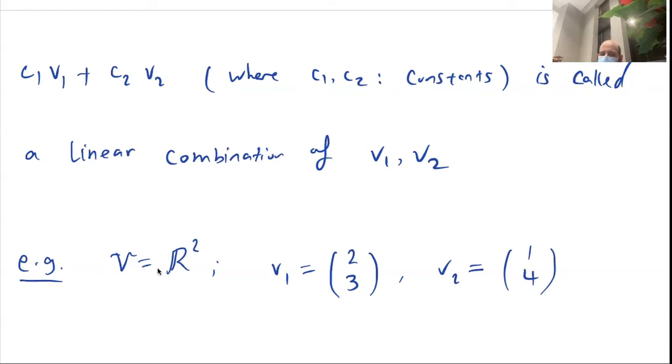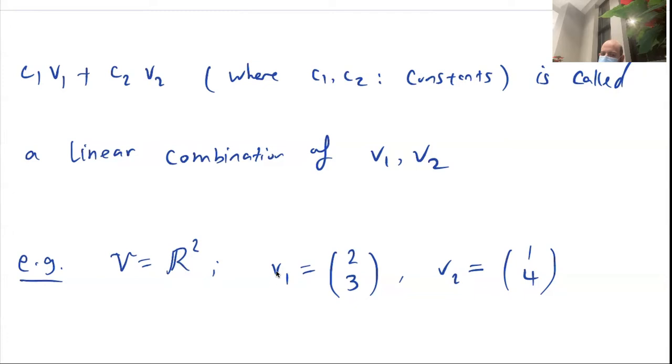Here I have a vector space, R2, the set of all pairs where each coordinate is a real number, equipped with standard addition and standard scalar multiplication. Now I am considering two vectors inside R2.